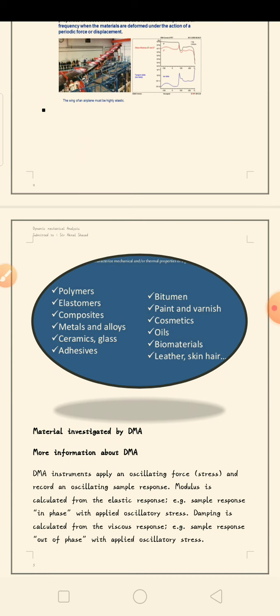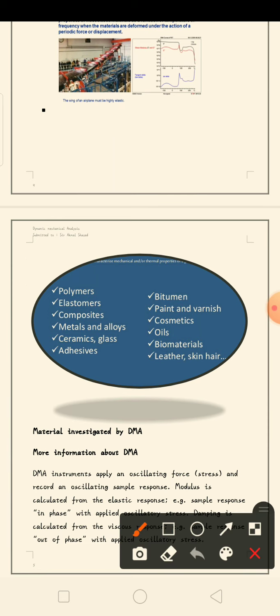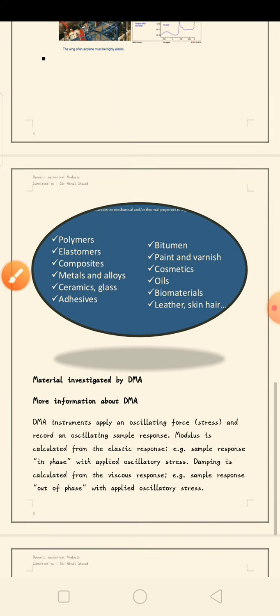These are the materials which are investigated by DMA: polymers, elastomers, composites, metals, alloys, ceramics, glass, adhesives, bitumen, paint and varnish, cosmetics, oils, biomaterials, leathers, or skin and hairs.